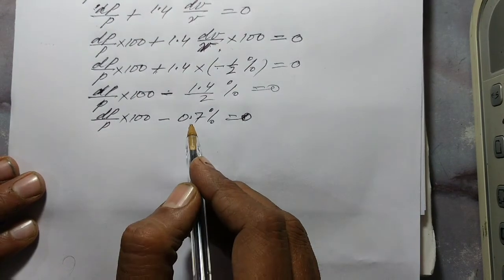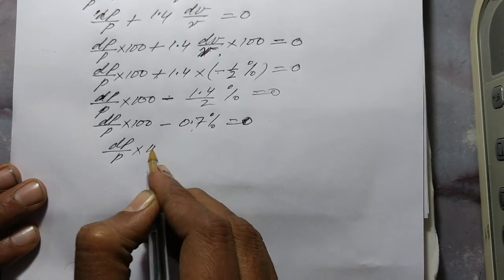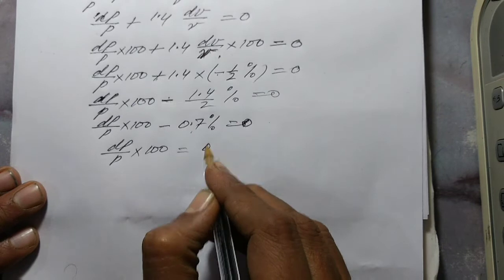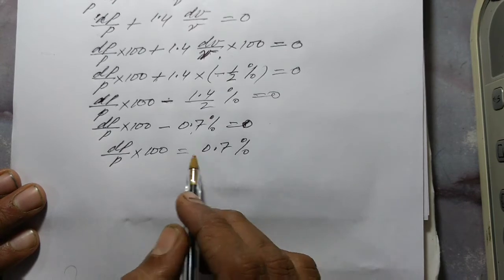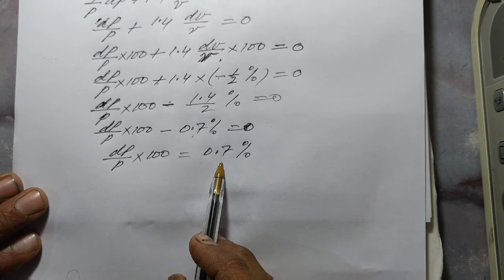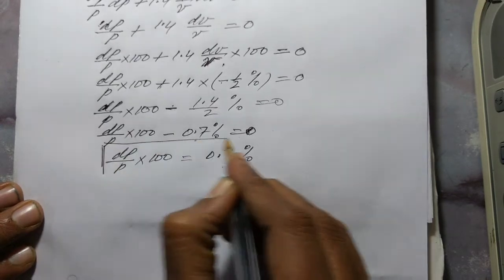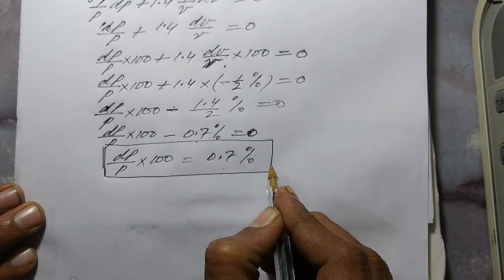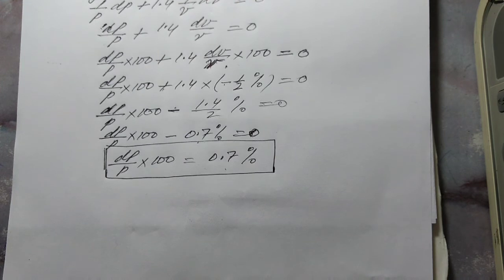Now transposing this term to the right hand side, we get dP upon P into 100 is equal to 0.7%, and since this percentage has a positive sign, it is simply a percentage increase in the pressure. So we got the answer. If there is a decrease of 0.5% in the volume, there will be a 0.7% increase in the pressure.